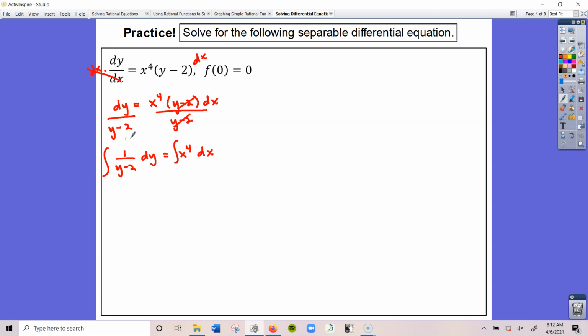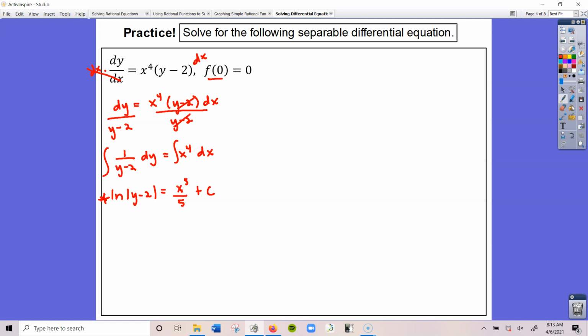Now if you look here on the left side with the y's, 1 over y minus 2, the derivative of the denominator, y minus 2, would just be 1 or dy, which is what's in the numerator. So this must mean that this is ln. So this is the ln of y minus 2 is equal to x to the 5th over 5 plus c. So this is my general solution.